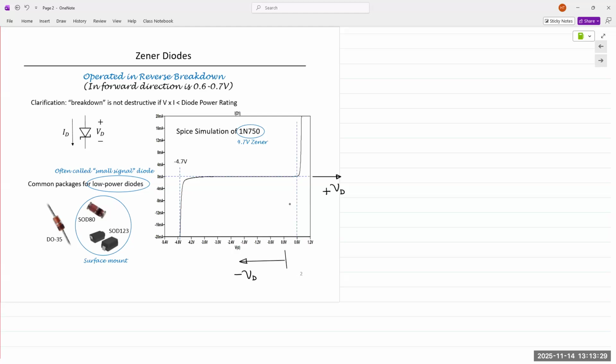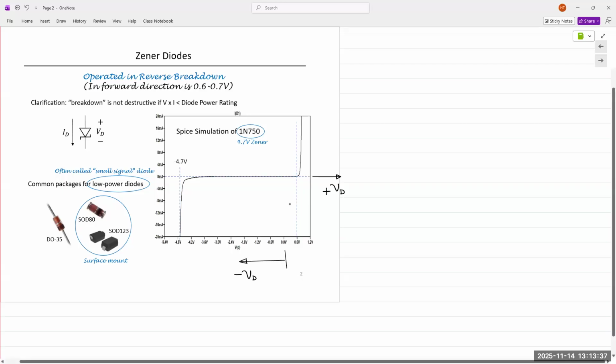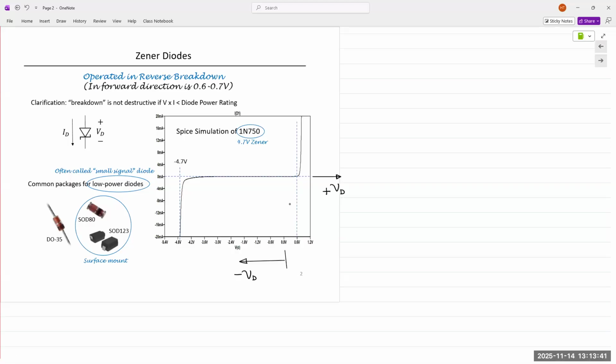This is negative. The negative in this simply refers to the fact that it's operating in the reverse bias, or the reverse mode of operation, meaning the cathode has a higher potential than the anode. Okay. And this right here, let's see, 0 is here.